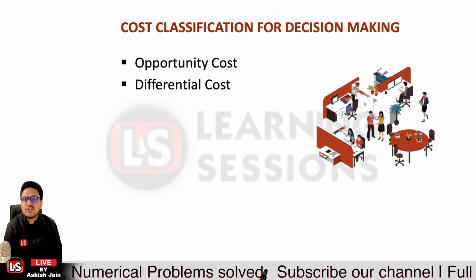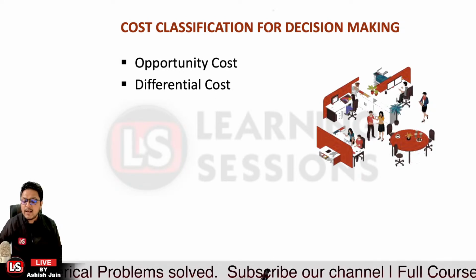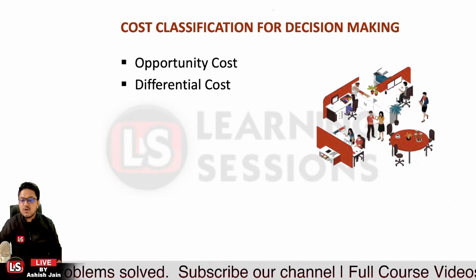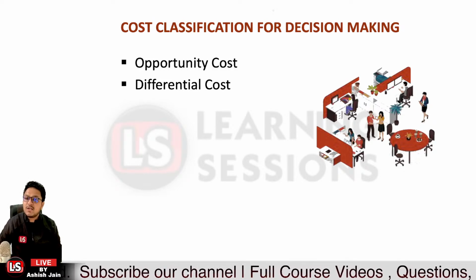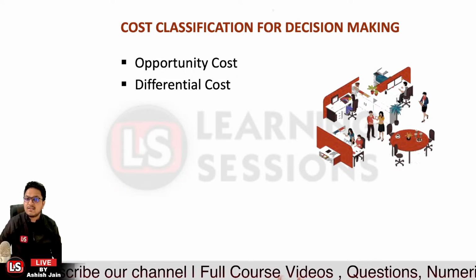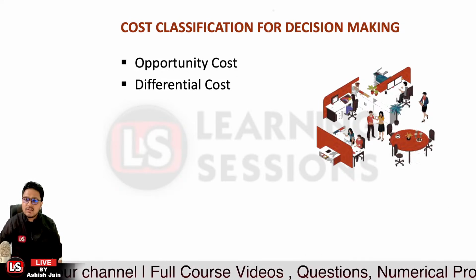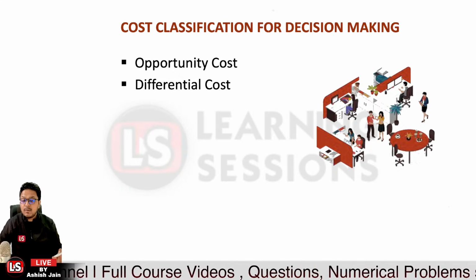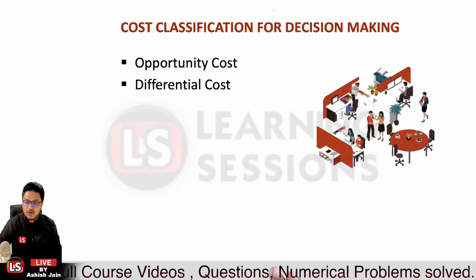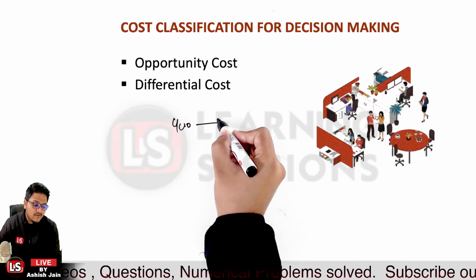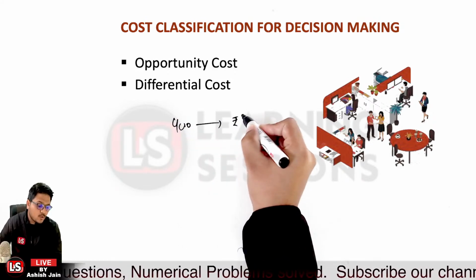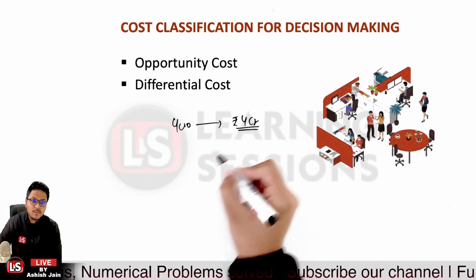Next is differential cost. Now differential cost is basically related to what? Let's say that you have made changes on policies or any of the other changes have been made to the production activity, manufacturing activity, or rendering the services. In that case, whatsoever the difference is there, that would be related to the differential cost. Let's say previously we were producing 400 units and we incurred a cost of rupees 4 crore.